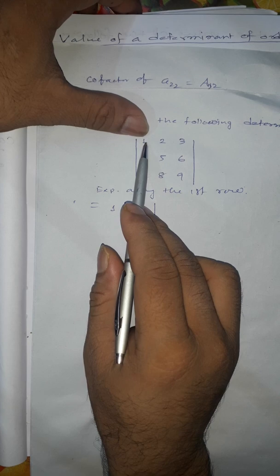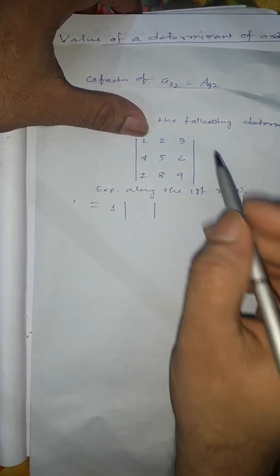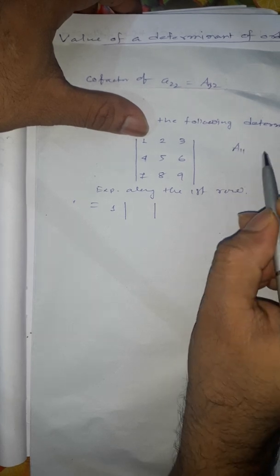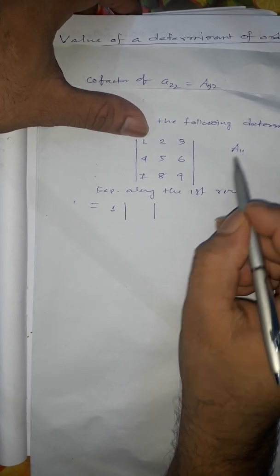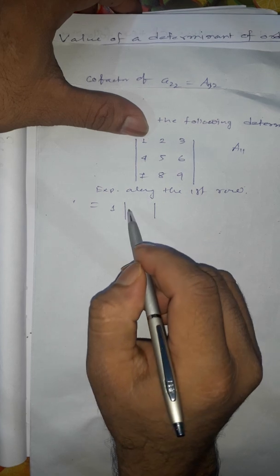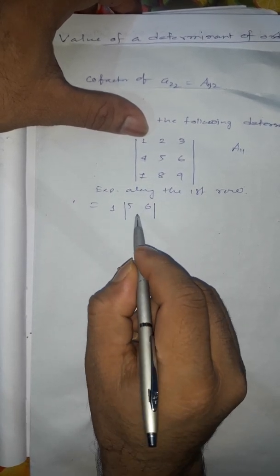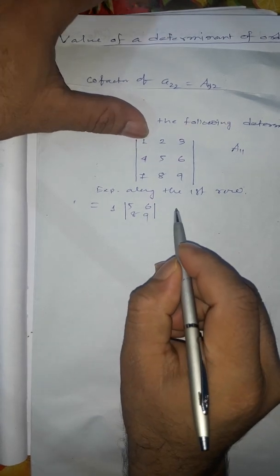Because this is the first element, A11, 1 plus 1 is 2, so even, so the sign will be plus. And then you just write down the minor here: 5, 6, 8, 9.